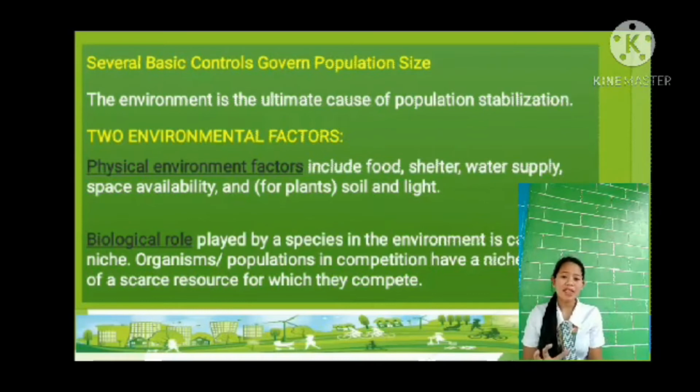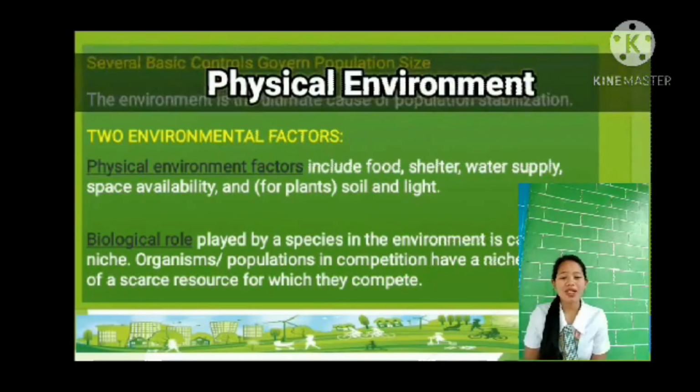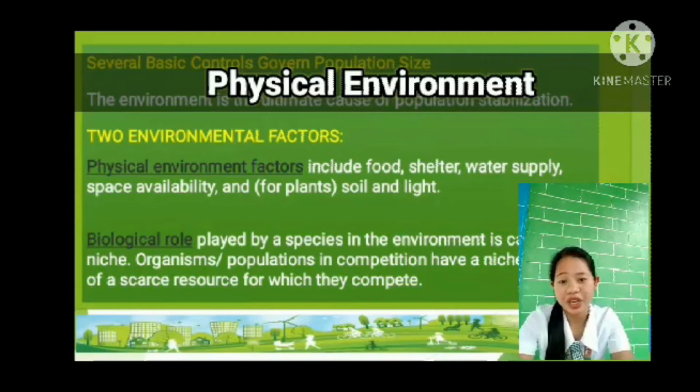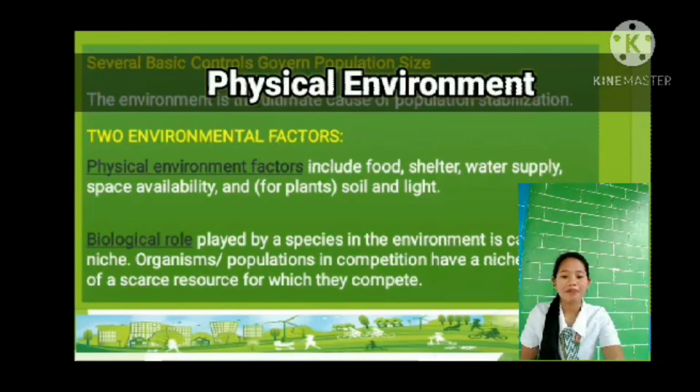So, what is physical environment? Physical environment includes food, shelter, water supply, space availability, and for plants, the soil and the light.